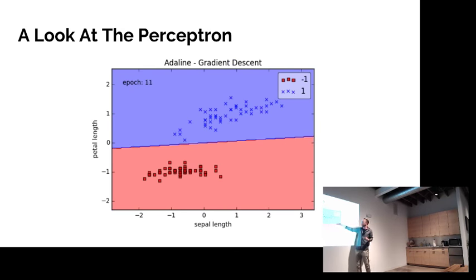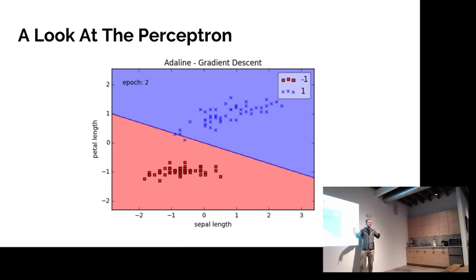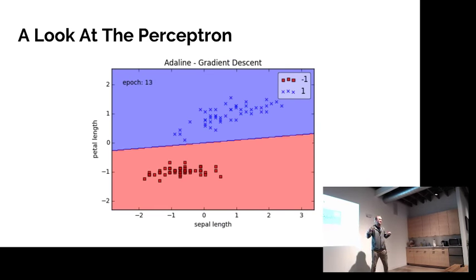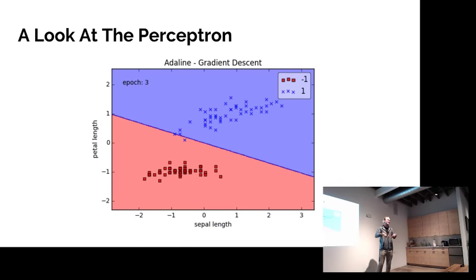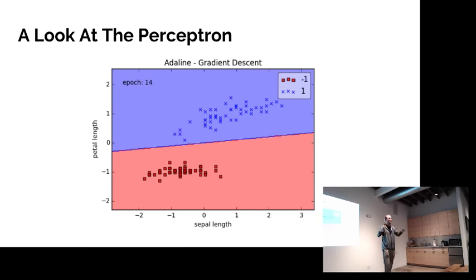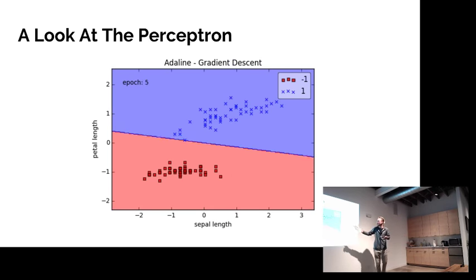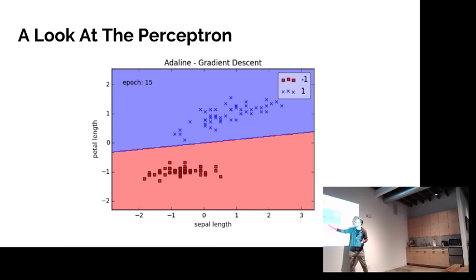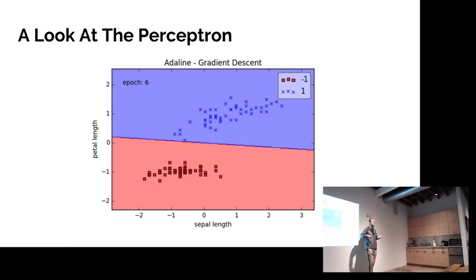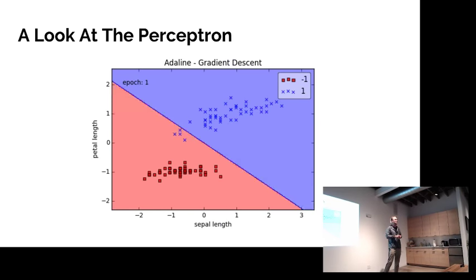It says, okay, I have a solution, let's see if I predict every point right. If it doesn't, it corrects itself a little bit and tries again, and keeps repeating that process until it correctly predicts every single point. So if it's impossible to linearly separate this data, to draw a line that separates the two groups, then it will just keep trying to correct itself and find a solution.